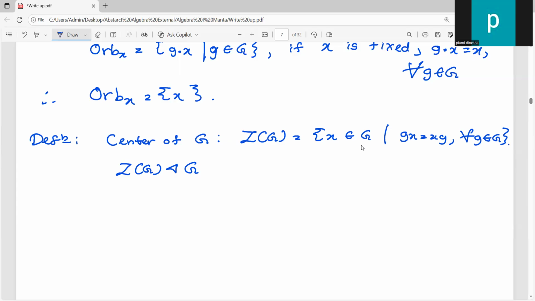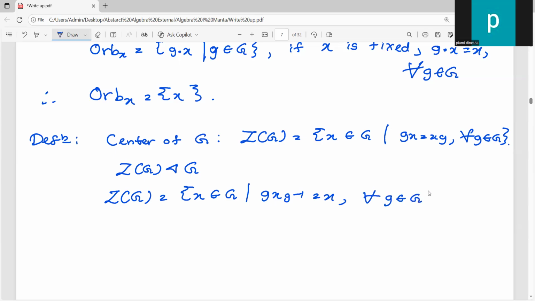It's not just a subgroup, it's a normal subgroup. Taking g inverse on the right on both sides, we can write this as gxg inverse equals X for all g in G. This is conjugation, so what we are looking at is the group action on the group itself by conjugation.